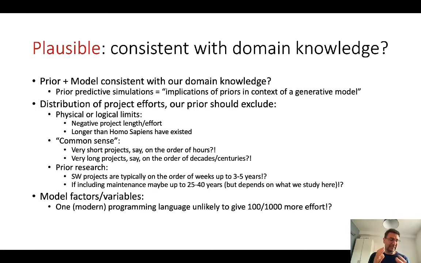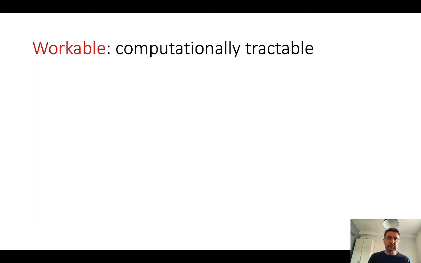It seems counter to our previous domain knowledge that one programming language would make for a 1,000 times more productive project, for example. So this is about not looking at our empirical data, but considering the prior and the model together and seeing, when we run them together, is this a plausible result in line with what we know?